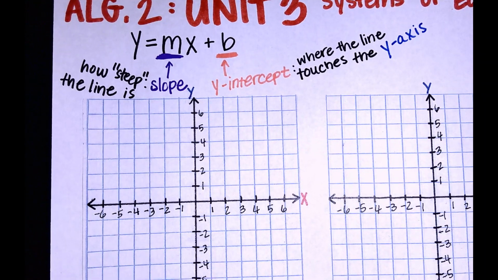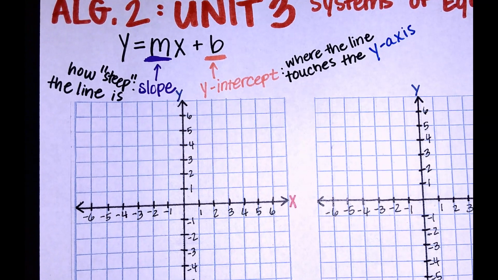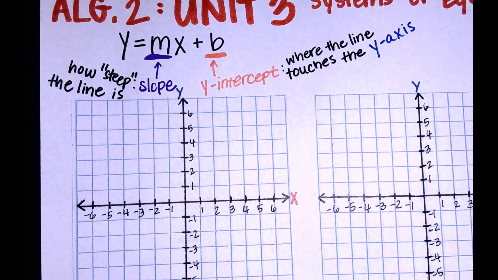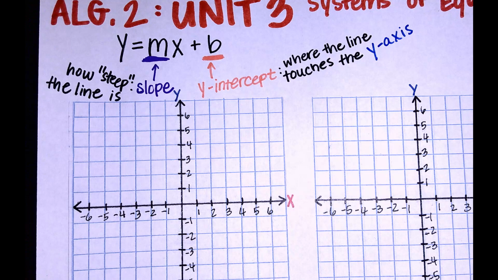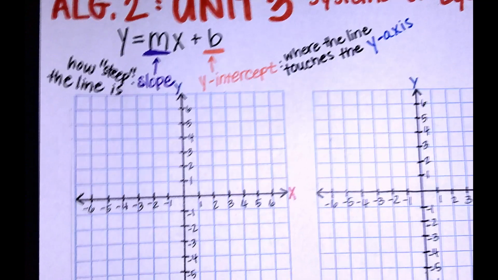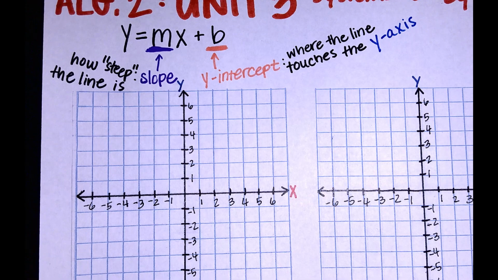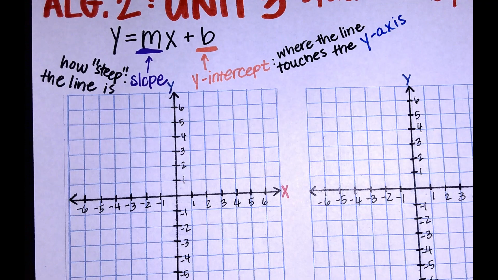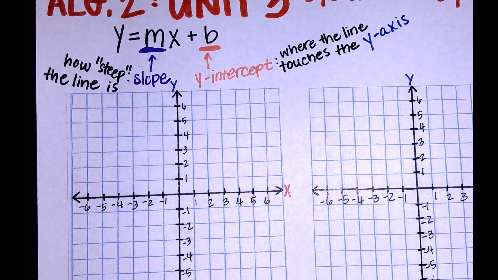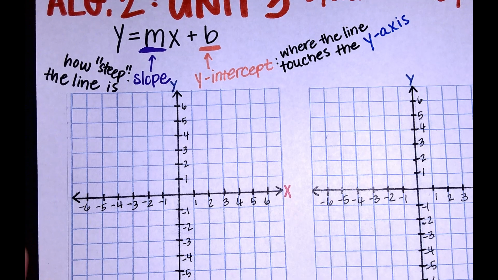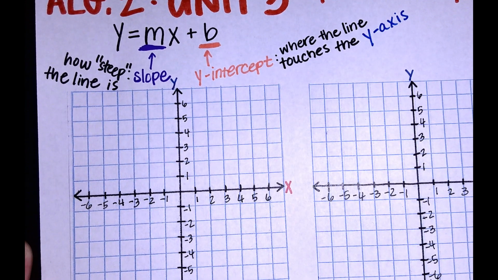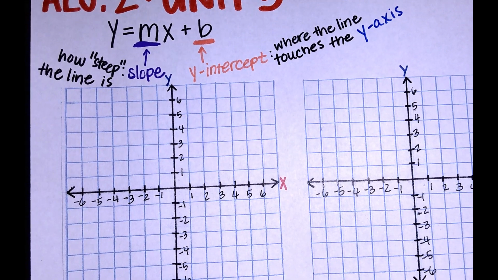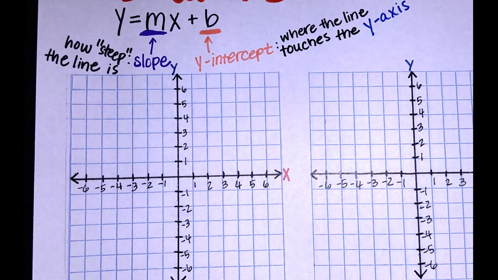So we have our equation, y equals mx plus b. M is our slope, b is our y-intercept. So I'm going to have us start with our first example, and I'm going to show you how we graph an equation. Before I do that, can I move this, or is anybody still copying this part down? All right, so now let's look at our first example.